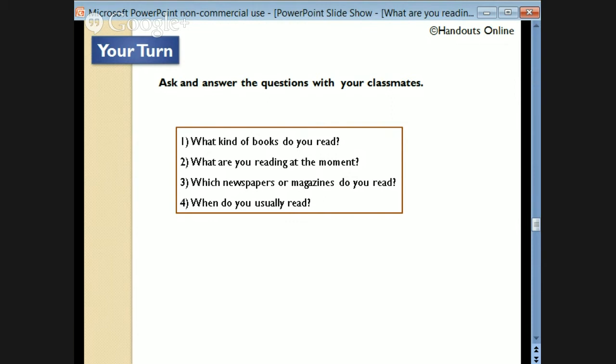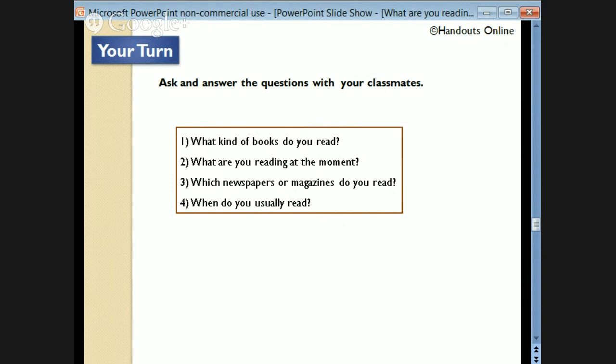Which newspapers or magazines do you read? Okay, I read Cosmo. I read Cosmopolitan. Yes? Okay.